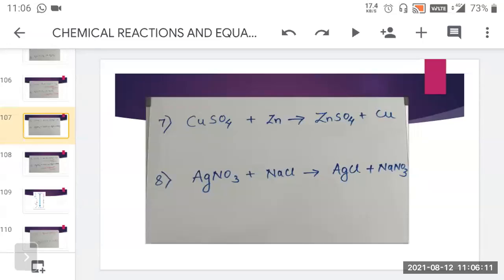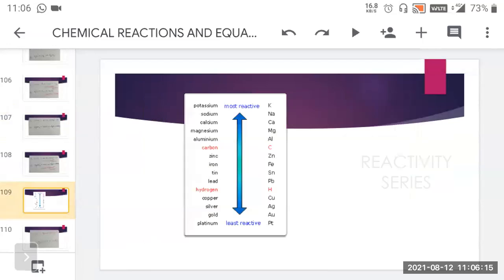So here if you go with this single displacement reaction, you can see where zinc is. Zinc is present below carbon, and copper is present below hydrogen. So that means the reactivity decreases as we go from top to bottom.